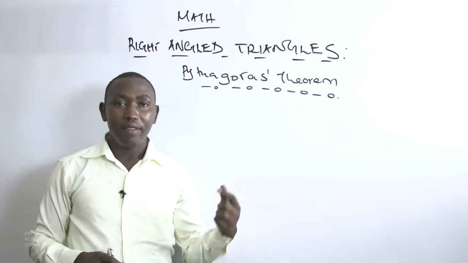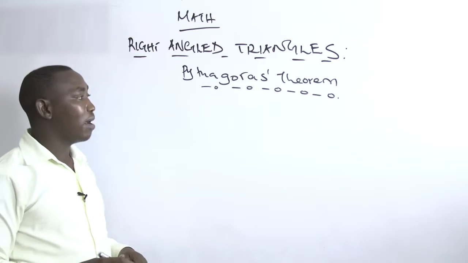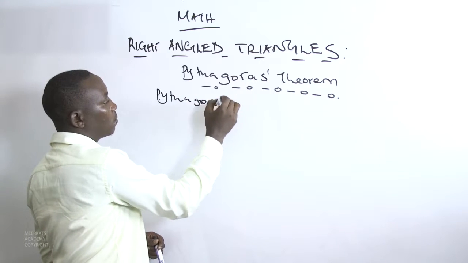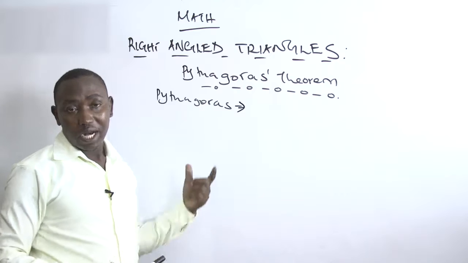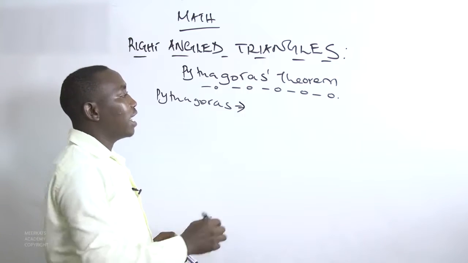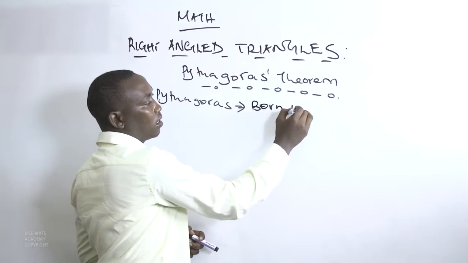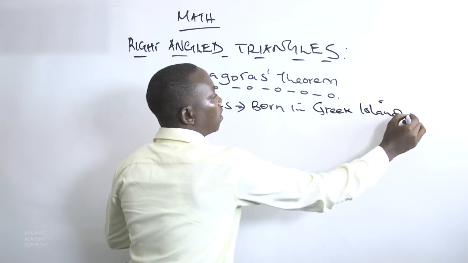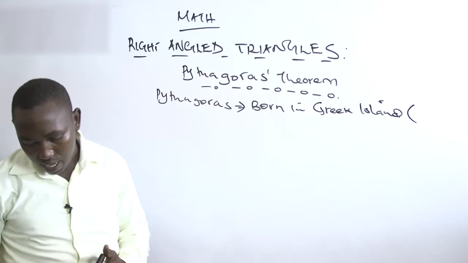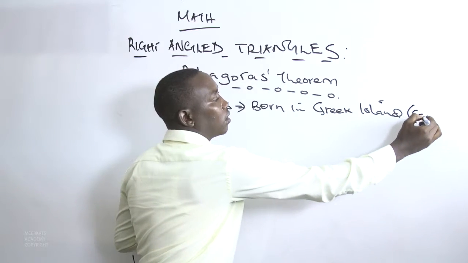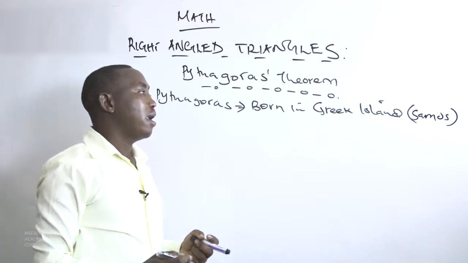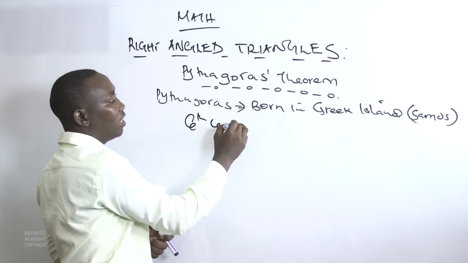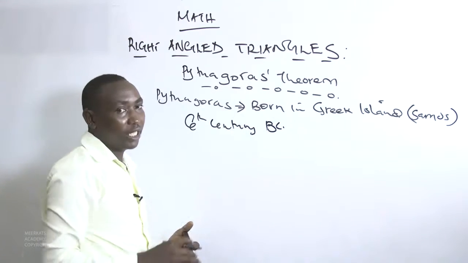Let us try to understand the history of a person called Pythagoras. Pythagoras was born in the Greek island, a place called Samos, in the early 6th century BC.